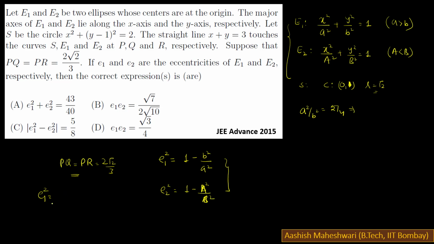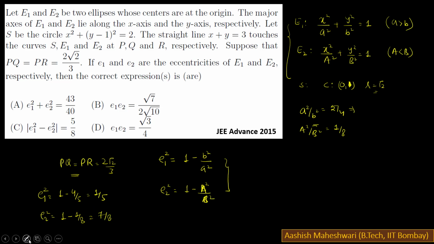E1 square will be equal to 1 minus 4 by 5, which is 1 by 5. Okay, from this. And what is E2 square? E2 square is equal to 1 minus, you can see, what is a square by b square? This is equal to 1 by 8. Okay, so this is 1 minus 1 by 8, which is equal to 7 by 8.